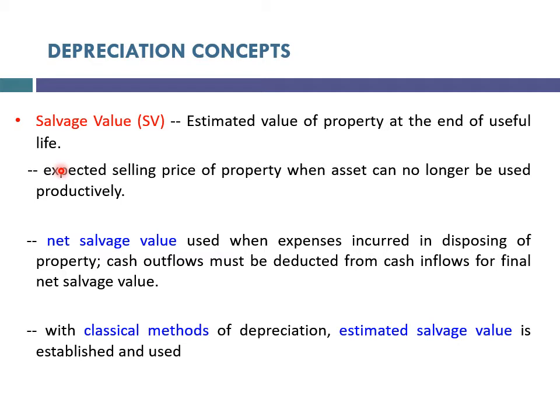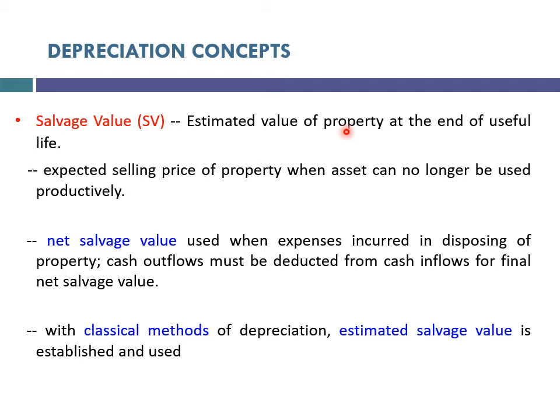Actually, there is a difference, because as we said, the market value is the selling price that you can sell your item in the market. But the salvage value, on the other hand, is the estimated value of the property at the end of its useful life. So this end of useful life is critical in salvage value.